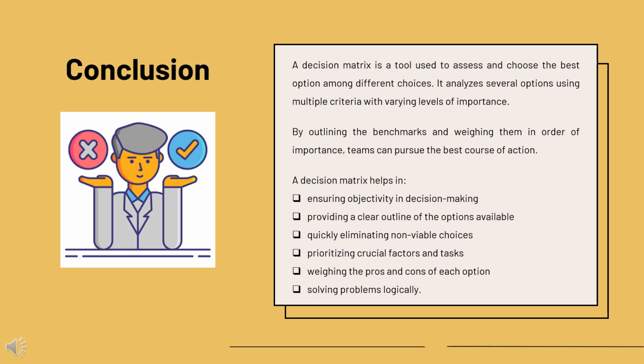A decision matrix helps in ensuring objectivity in decision making, providing a clear outline of the options available, quickly eliminating non-viable choices, prioritizing crucial factors and tasks within the pros and cons of each option, and solving problems logically.